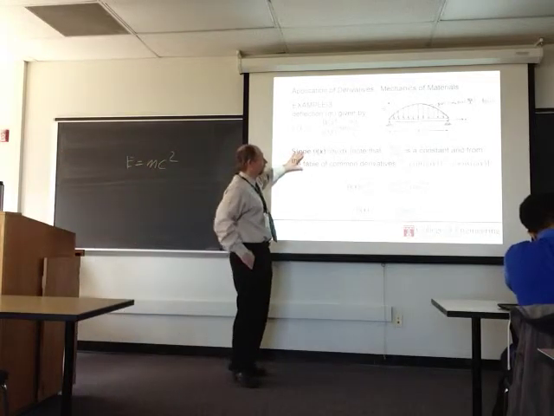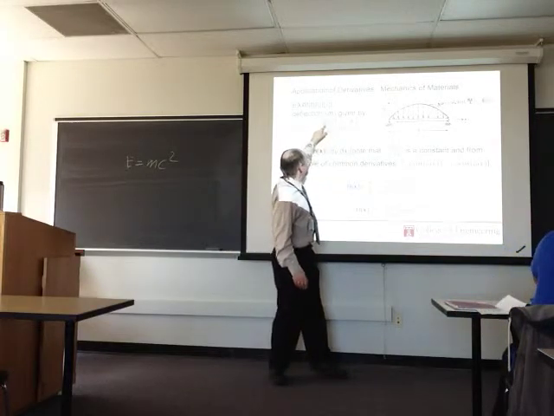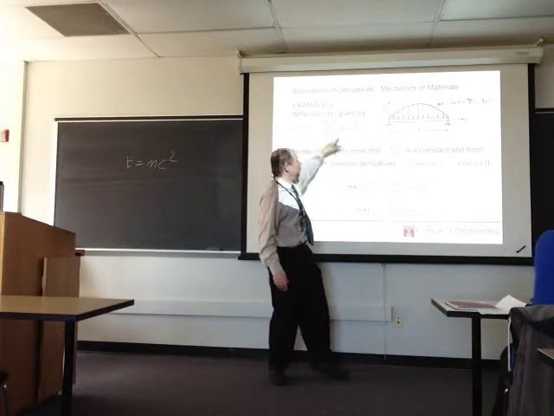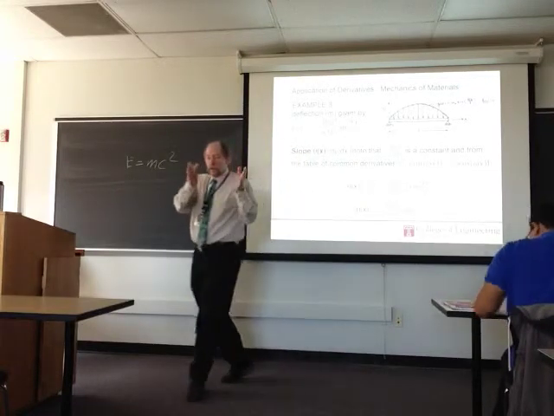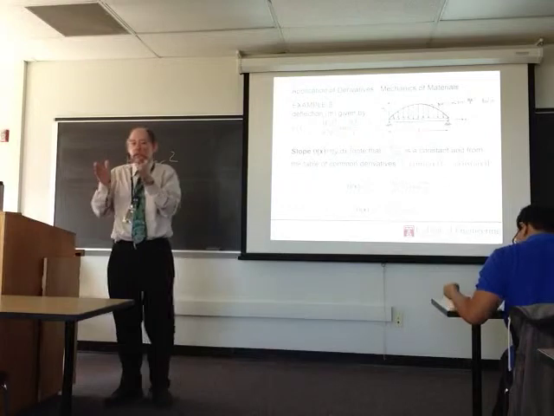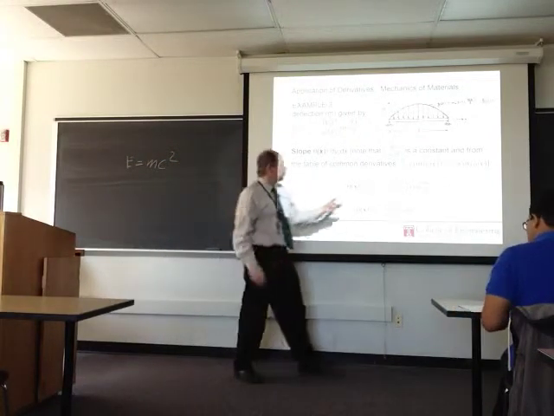And basically this slide tells you what I just said. W L to the fourth over pi to the fourth EI is a constant. So if you take the derivative of a constant times a function, that's the same as saying a constant times the derivative of the function. So we can just pull that out.